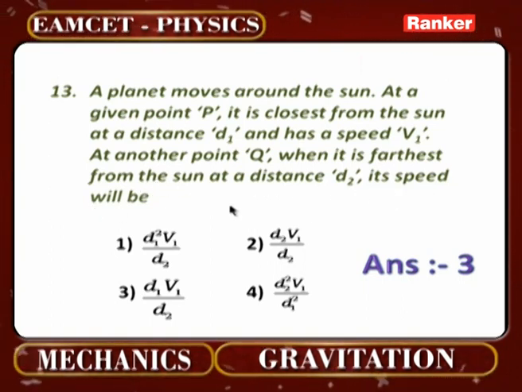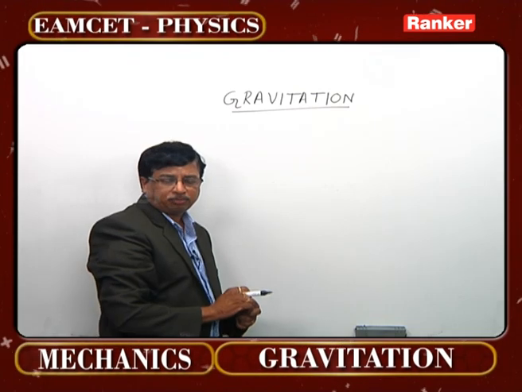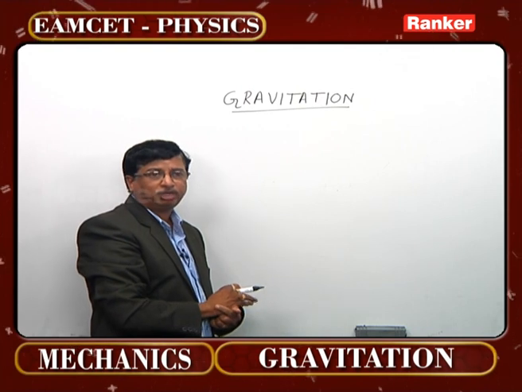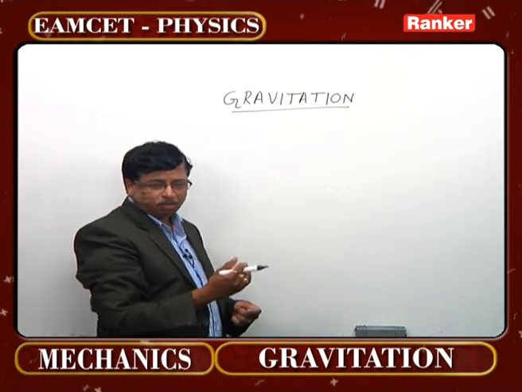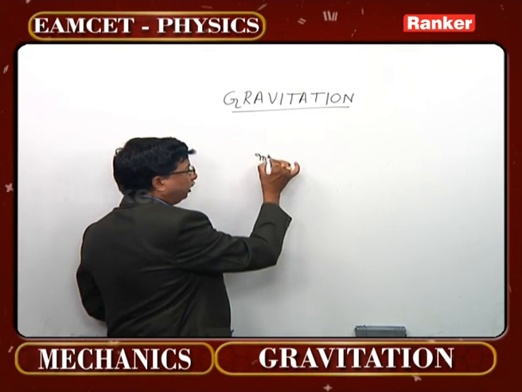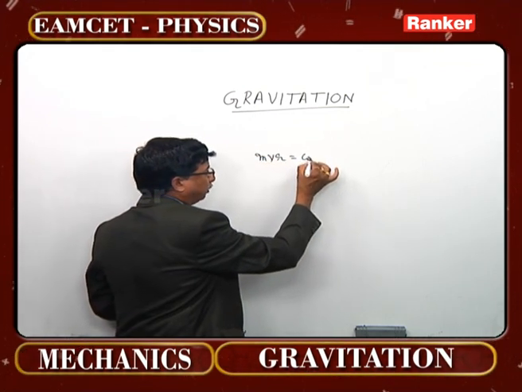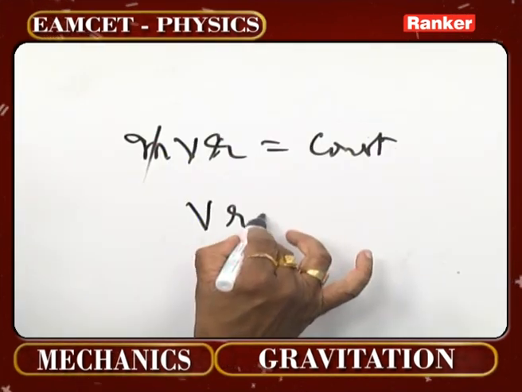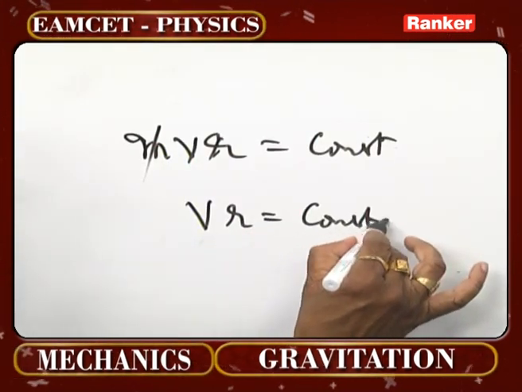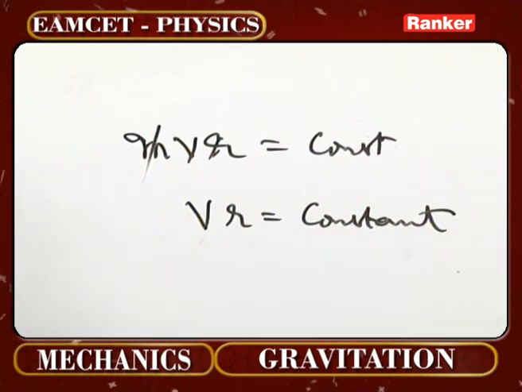In fact, we all know according to the second law of Kepler, the angular momentum of the planet revolving around the sun is supposed to be constant there. Angular momentum means we all know that m v r must be constant. Out of that, m being constant, v into r must be constant. That is the concept we have to remember there.